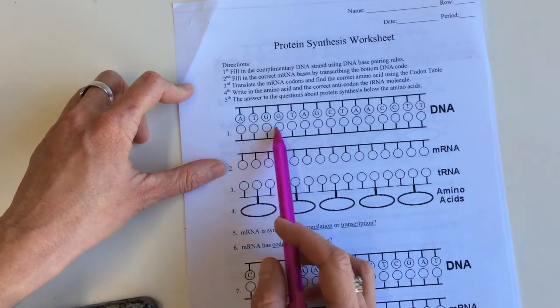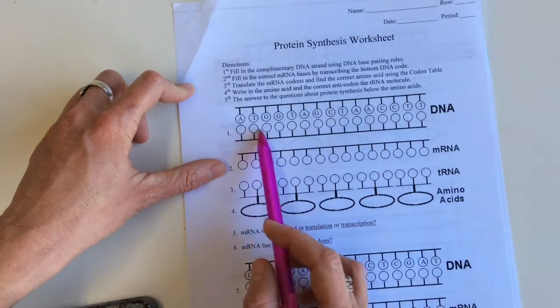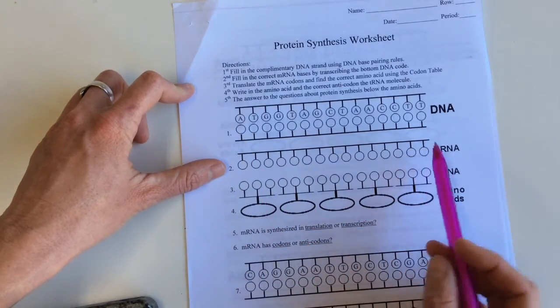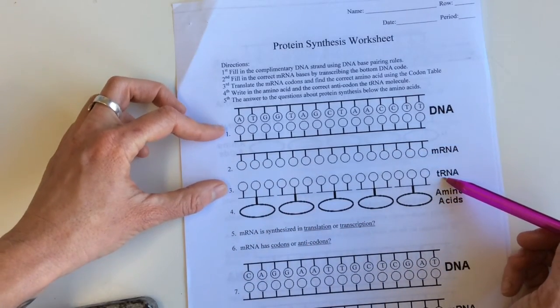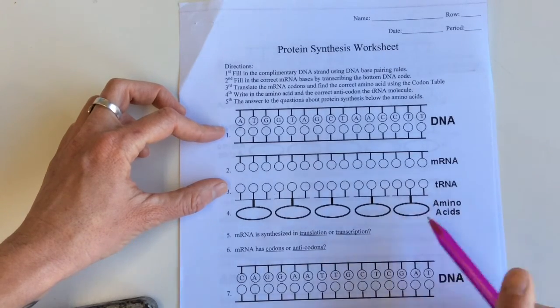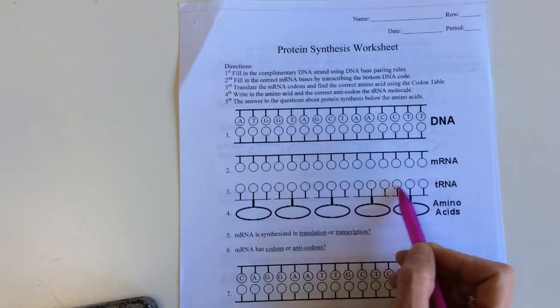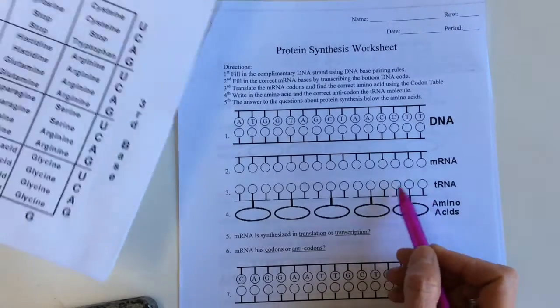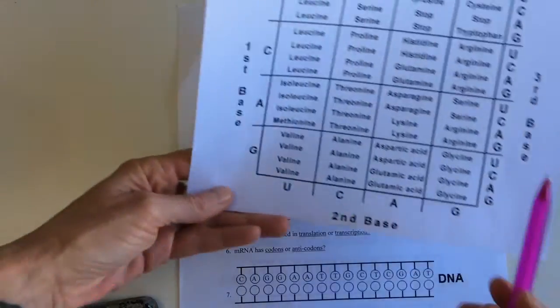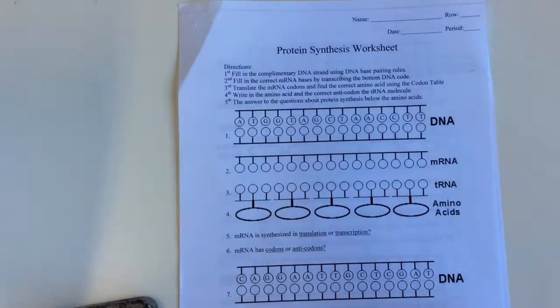So basically it's going to be this strand, but your T's are going to be U's. From there, you can do your complementary transfer RNA. But remember, with the amino acid, don't read this sequence, which is your anticodon. You need to read your codon sequence because it's a codon table.